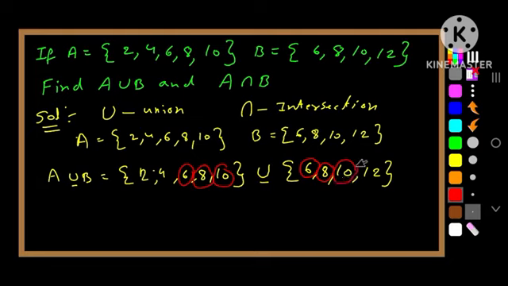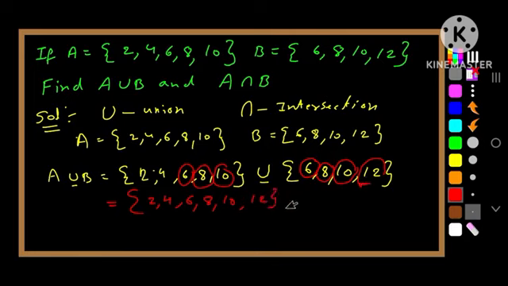When you are solving union, the values which occur again and again, you simply have to write one time. So 2 and 4 as usual, then 6, 8, 10, and 12 is left out in this set.